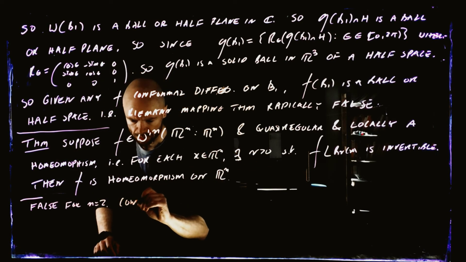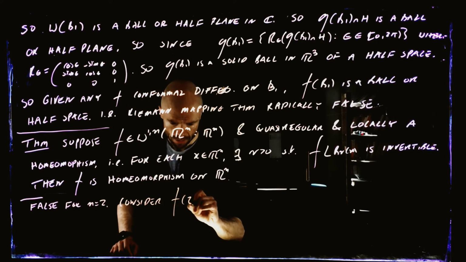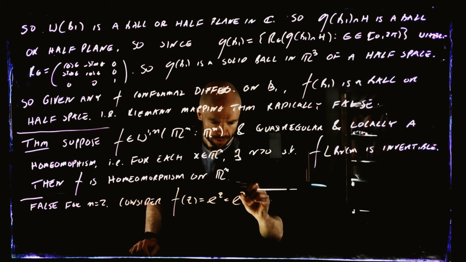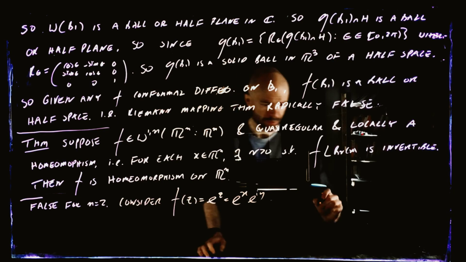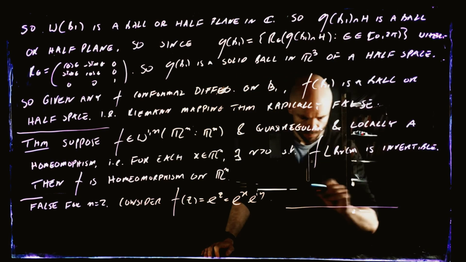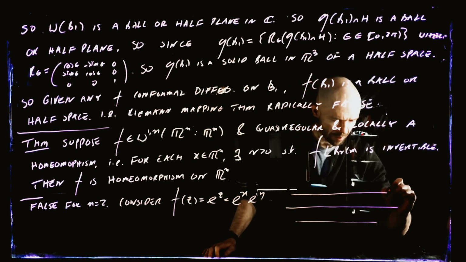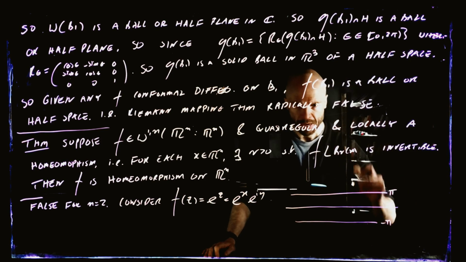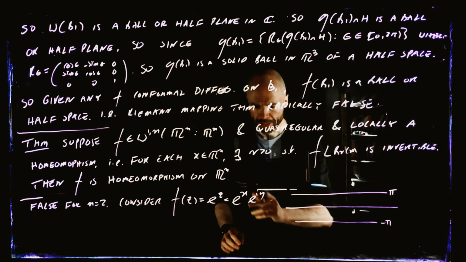Here's an example. So consider f of z equal to e to the z, which is equal to e to the x, e to the iy. Right? What does this mapping do? If we take the strip from minus pi to pi in the complex plane, then what happens if we consider the action of this guy?